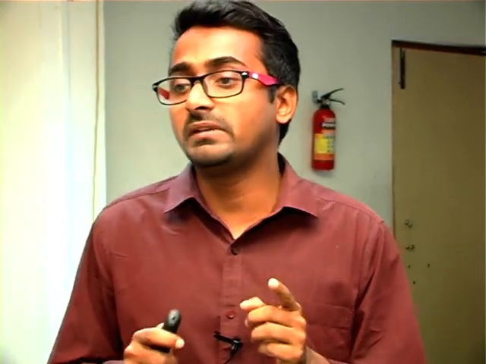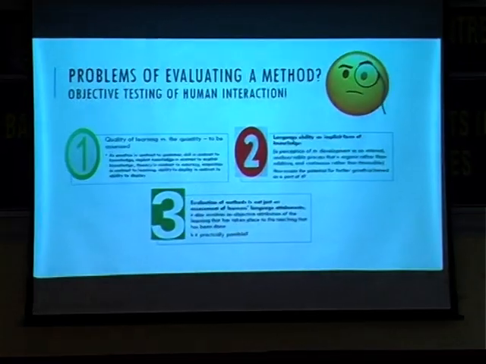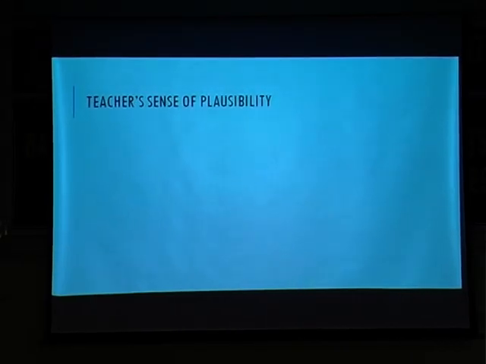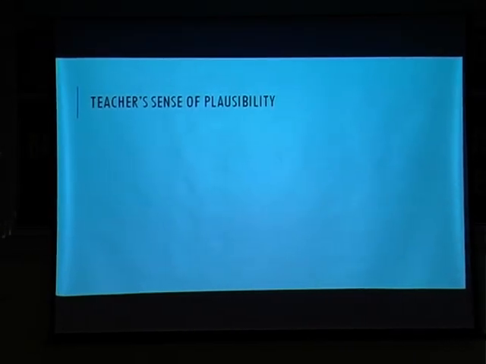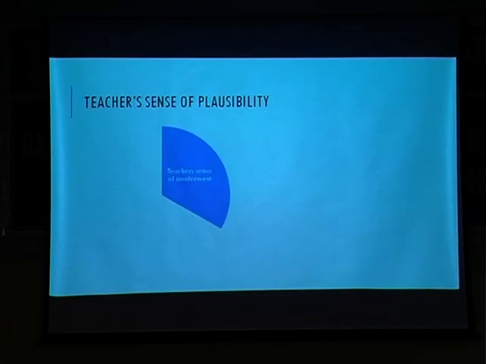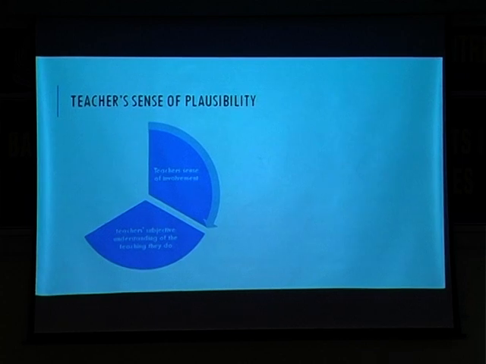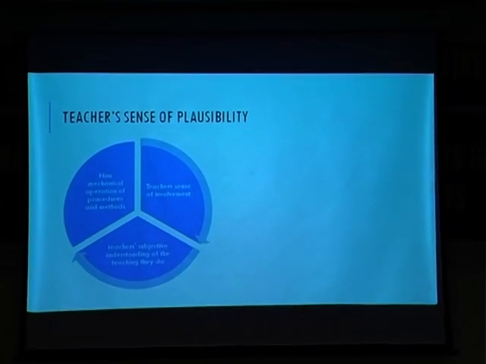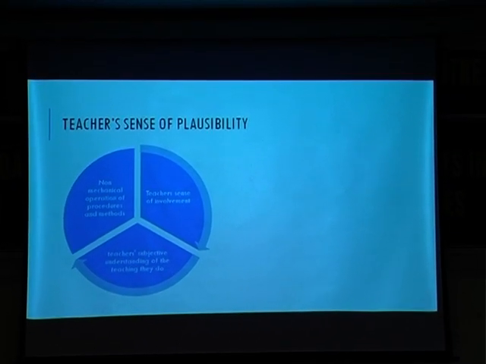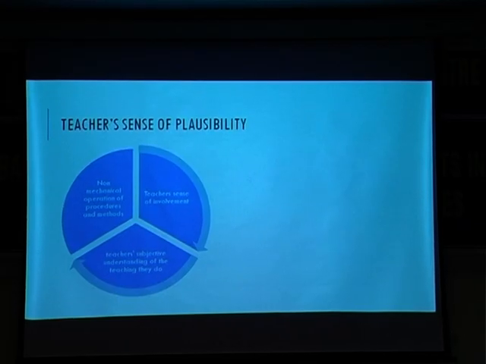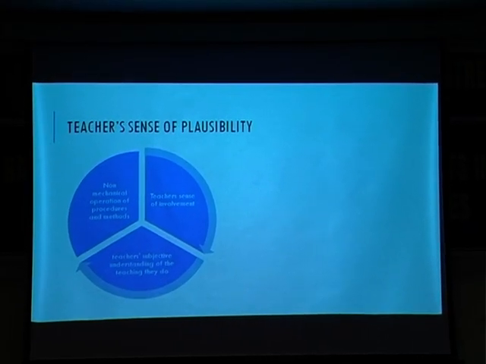Then what is the differentiating or decisive determining factor in that? Prabhu says there is something called the teacher's sense of plausibility. Teacher's sense of plausibility means the teacher's involvement in the class and the teacher's subjective understanding of the teaching they do, and how non-mechanically they perform the procedures and the tasks and operate the tasks in the class.